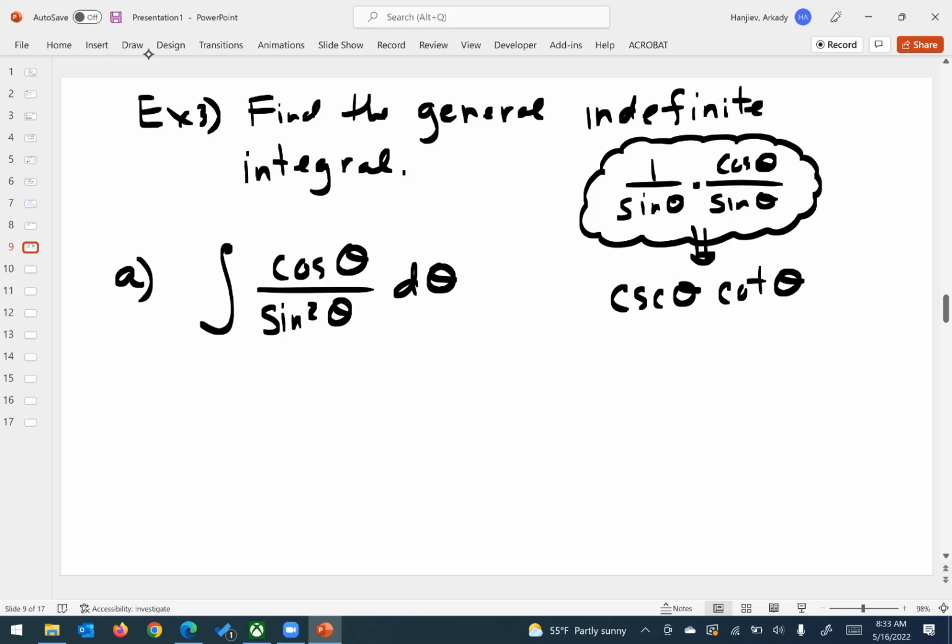Yep, perfecto. So this guy now changes into cosecant theta times cotangent theta d theta. That's cool.